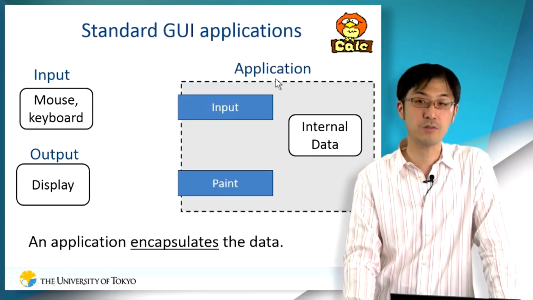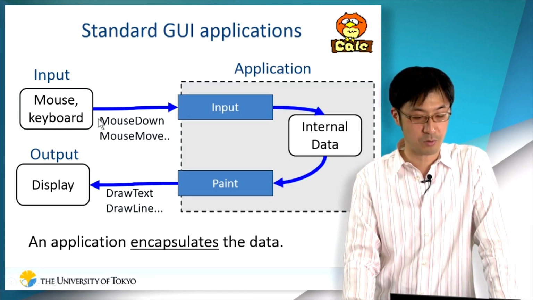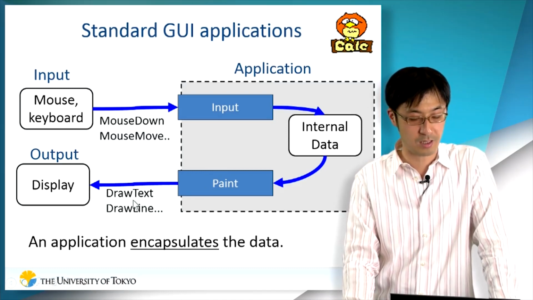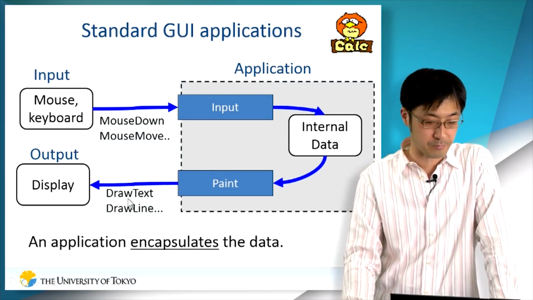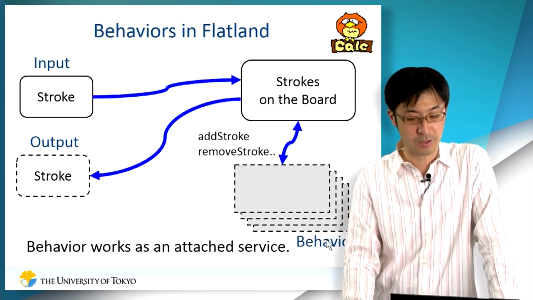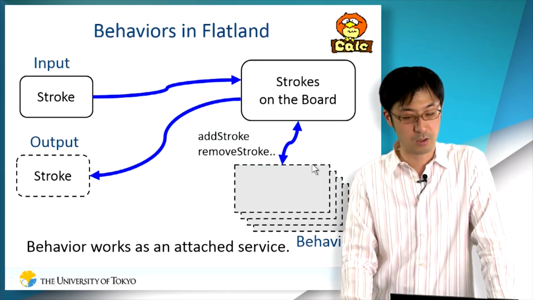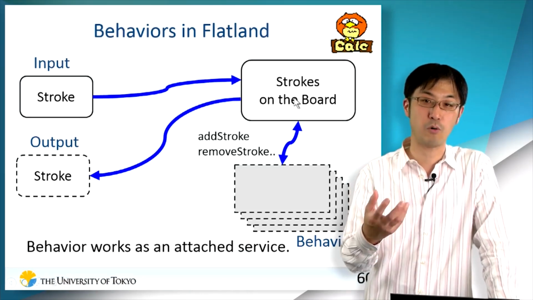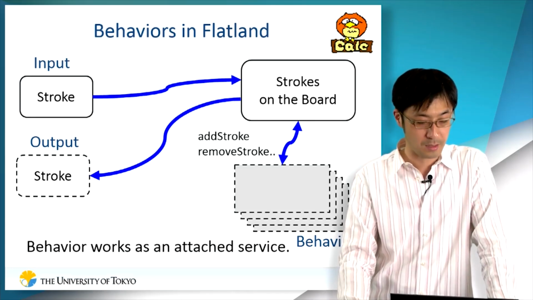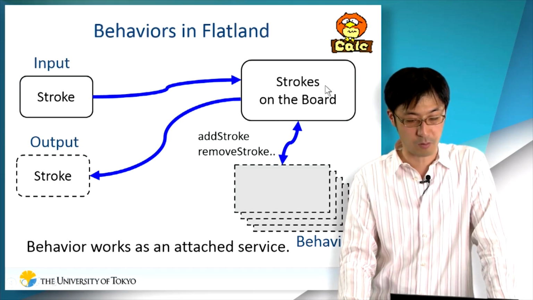So the application encapsulates internal data and takes mouse input and then generates display output using various widgets. In contrast, in our case, behaviors are outside of the strokes, and they observe the strokes on the board and add strokes and remove strokes and so on. So a behavior works as an attached service to the whiteboard.